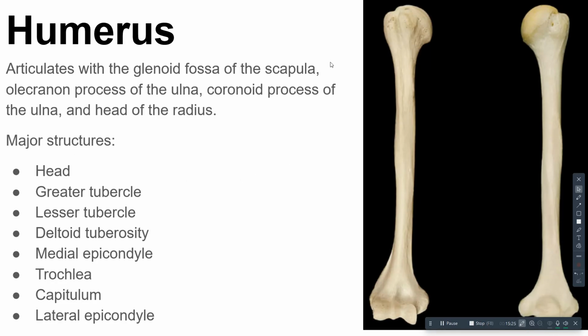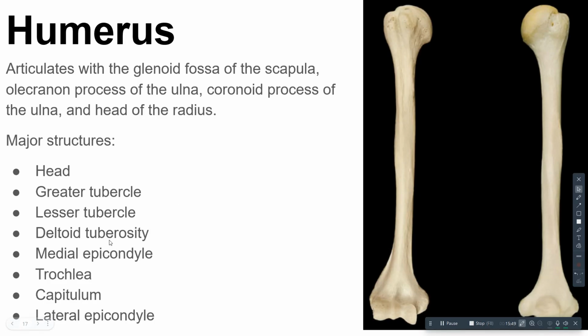So we've already met the head of the humerus. We're going to meet a pair of bumps called the greater and lesser tubercle. We've seen tubercles on the ribs. We've also seen a tubercle on the atlas, on the C1. Lots of tubercles in our skeleton. We're going to meet another bump called a tuberosity.